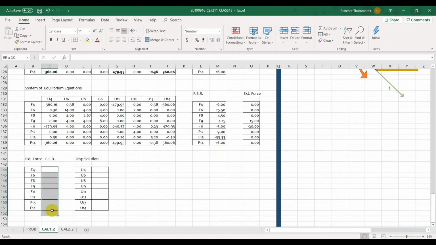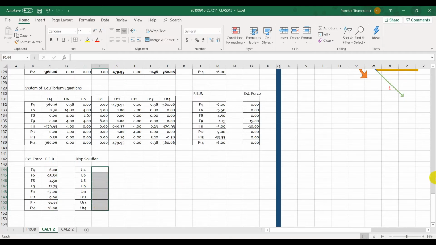So at this point here, we will make the known vector being the external force minus the fixed end reaction, and it turns out to be this vector.